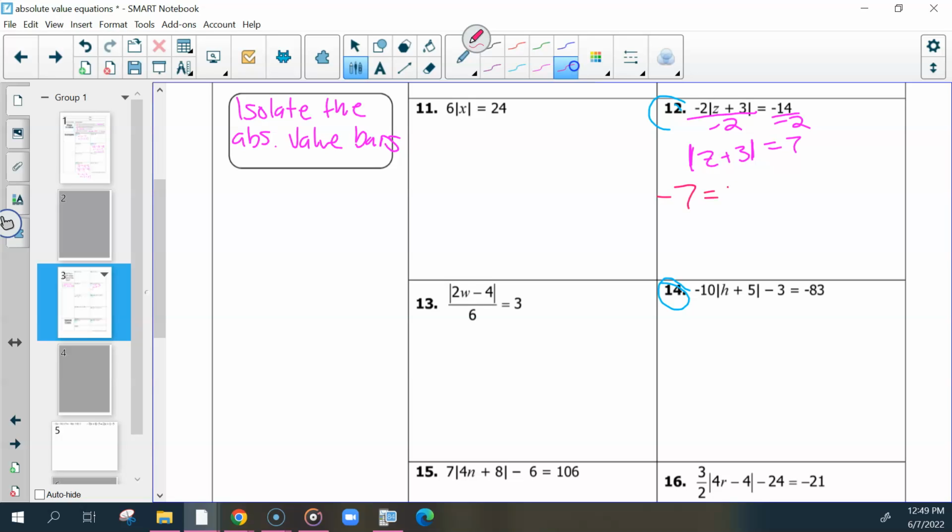So negative 7 equals z plus 3, which also equals 7. And then solve for z by subtracting 3 from everything. So negative 10 equals z equals 4. So z equals negative 10 and 4. Any questions so far?